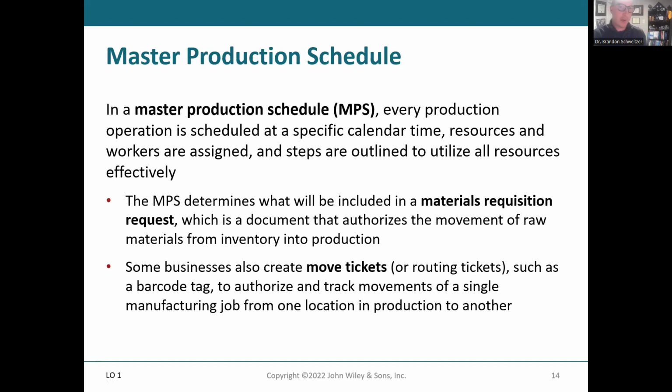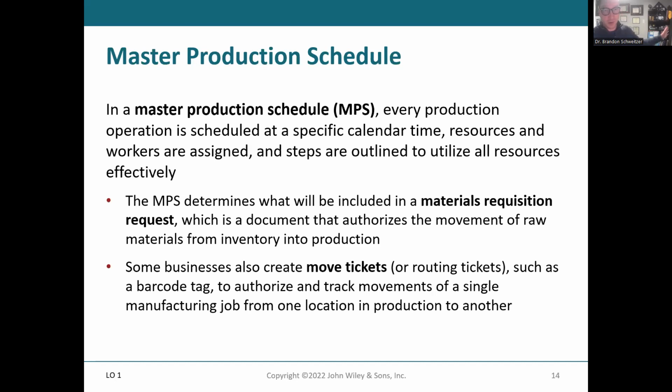So oftentimes the manufacturers use what we call the master production schedule. So this is where we use a schedule to allocate the number of hours planned to be worked for each employee. We also recognize the type of machinery that's going to be used. So in essence, this helps us to plan.